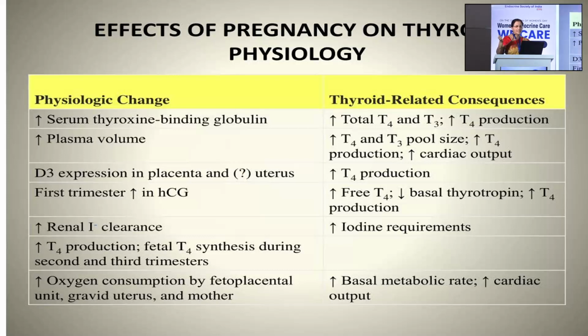Increased D3 expression means more T4 production, more demand on the maternal thyroid gland. Because of the first trimester increase in HCG, there is a little increase in free T4, in turn causing suppression of TSH. Iodine clearance will be more, so more iodine requirement. These are all the changes which influence thyroid functions.